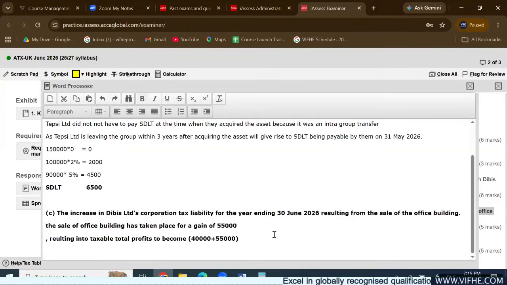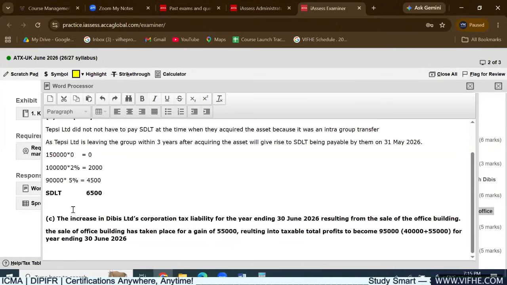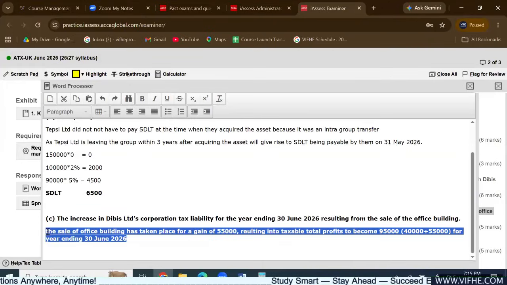So it is all included while we are making the corporation tax pro forma. So it is going to be 95,000 pounds with respect to the year ending 30th June 2026. Right? Okay, so this is how we have mentioned what the taxable total profit of the company is.